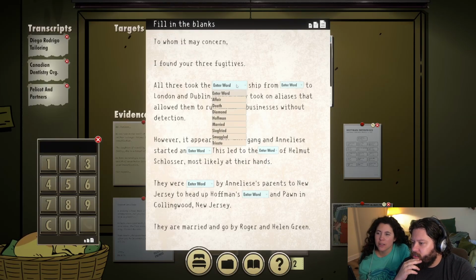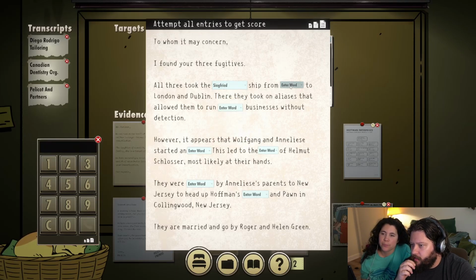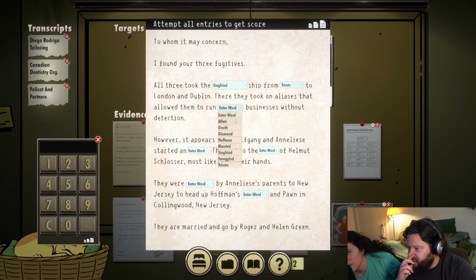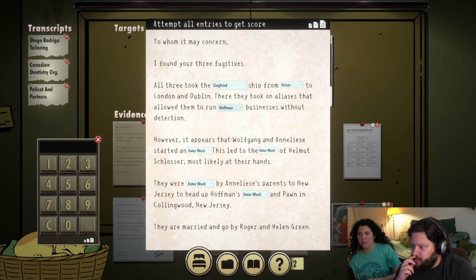All three took the blank ship Siegfried. That's what it says on the picture. From... I don't know. To London and/or Dublin. Let's see. None of these from Trieste in Italy. Here they took on aliases that allowed them to run Hoffman businesses without detection.